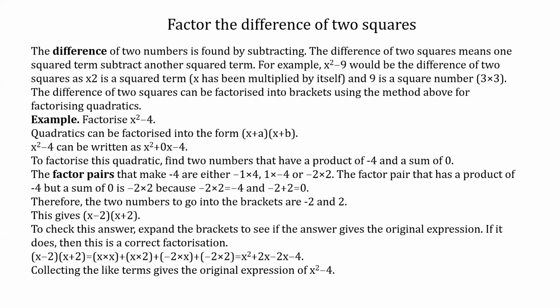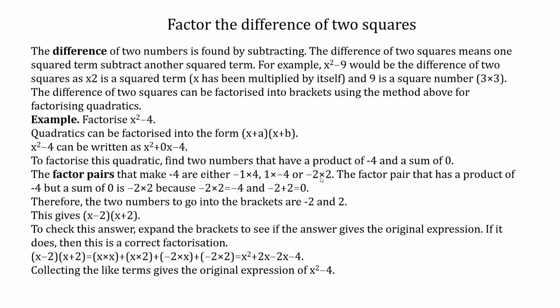In this case, the factor pairs that make -4 are -1 multiplied by 4, or 1 and -4, or -2 and 2.